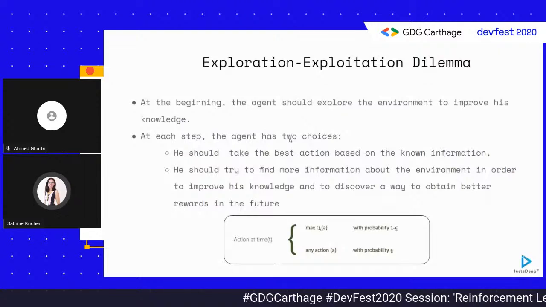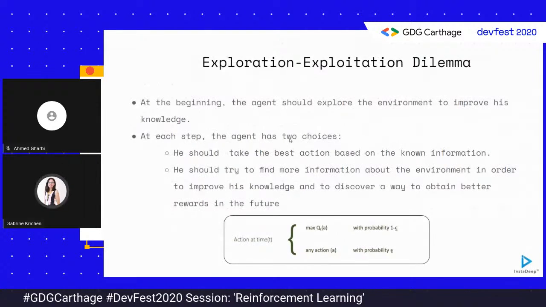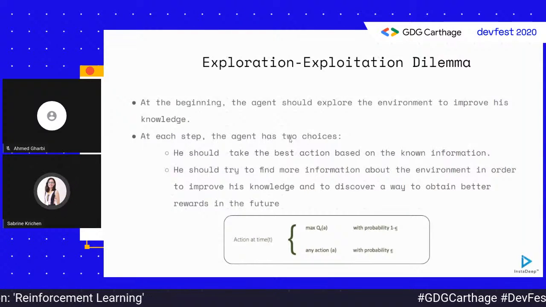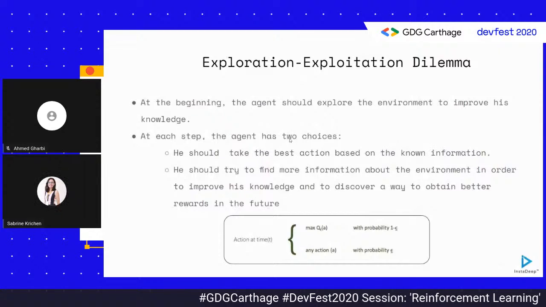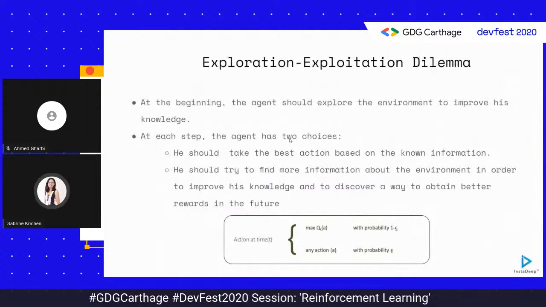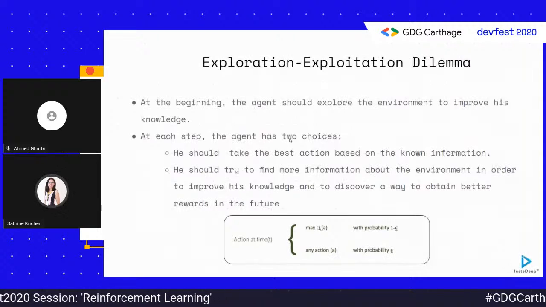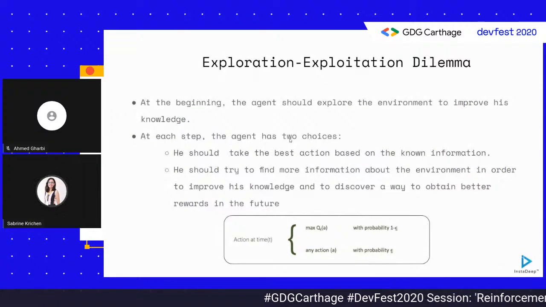It should either take the best action based on the known information, which in the Q-learning algorithm is the information in the Q-table, or it should try to find more information about the environment in order to improve its knowledge and discover a way to obtain better rewards in the future.